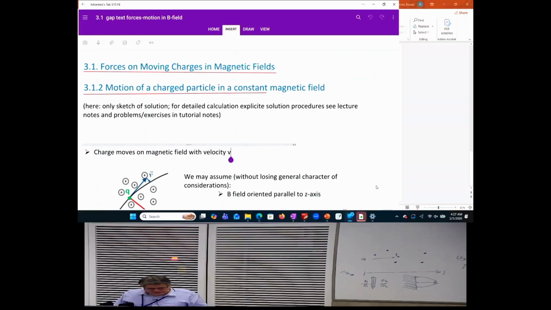So we do here now just a very rough sketch in this section for the detailed calculation and for the exact or explicit solution procedures.